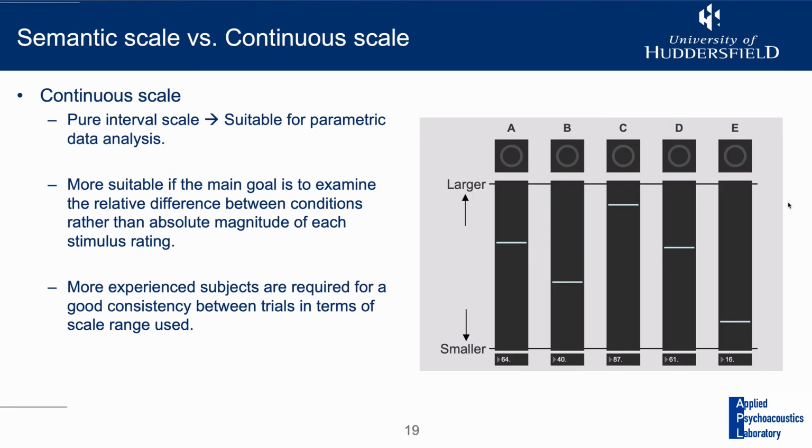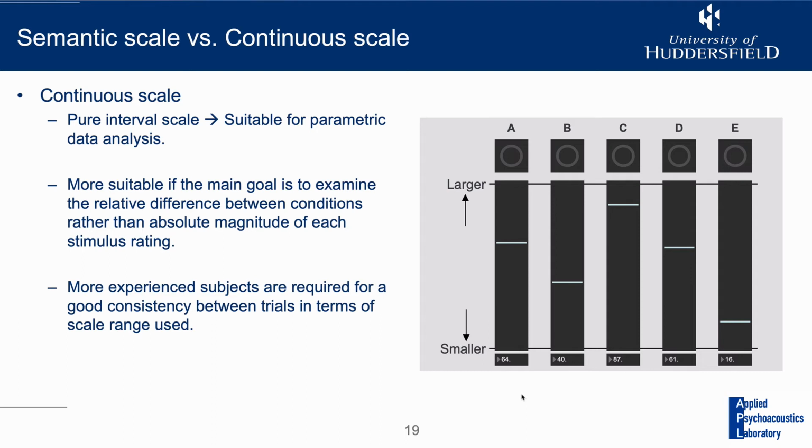On the other hand, a continuous scale is a purely interval scale, which is more suitable for parametric data analysis. There are usually just two end labels at the top and bottom of the scales, just to indicate the directions, and there is no intermediate label used between them. It's a more useful method if the main goal is to examine the relative difference between conditions rather than absolute magnitude of each stimulus rating.